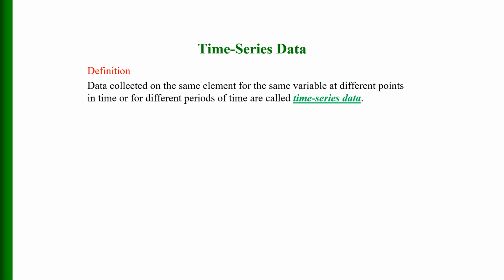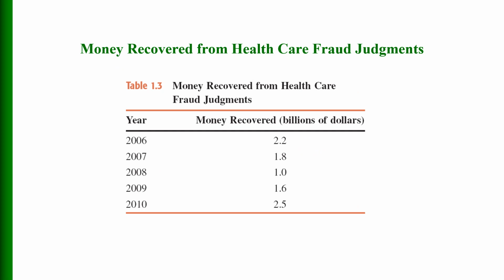Then there is time series data. Data collected on the same element for the same variable at different points in time or for different periods of time are called time series data. For example, data on GNP, national income, imports, exports, investment, consumption, saving, and so on. And here is an example of money recovered from healthcare fraud judgments.